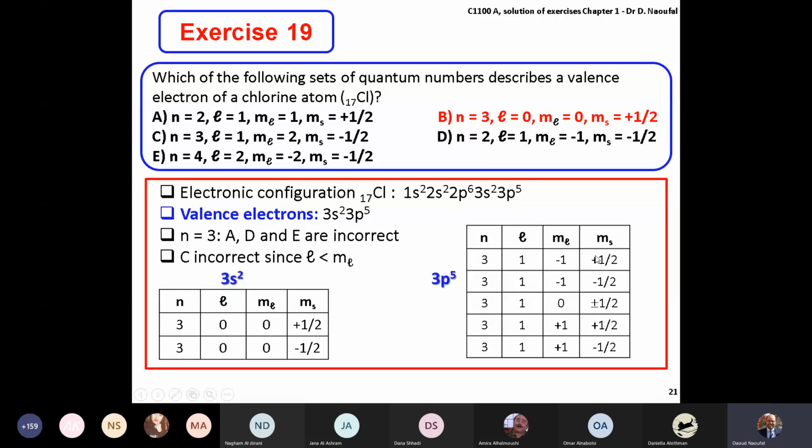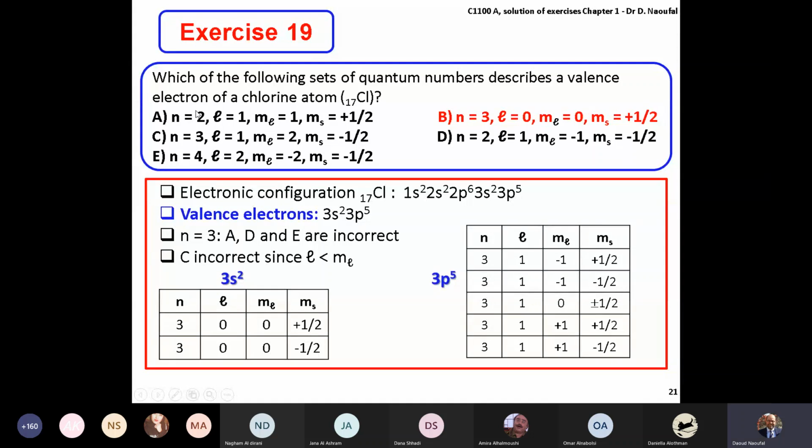And we have two spins, plus half and minus half. So the possibilities for these electrons are 3, 1, minus 1, plus half; 3, 1, minus 1, minus half; 3, 1, 0, plus half; 3, 1, 0, minus half; 3, 1, 1, plus half; 3, 1, 1, minus half.